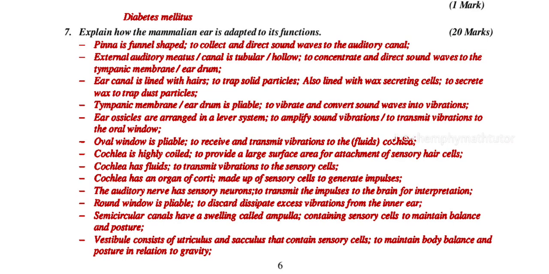The semicircular canals have a swelling called the ampulla containing sensory cells to maintain balance and posture. The vestibule consists of the utriculus and sacculus that contain sensory cells to maintain body balance and posture in relation to gravity.